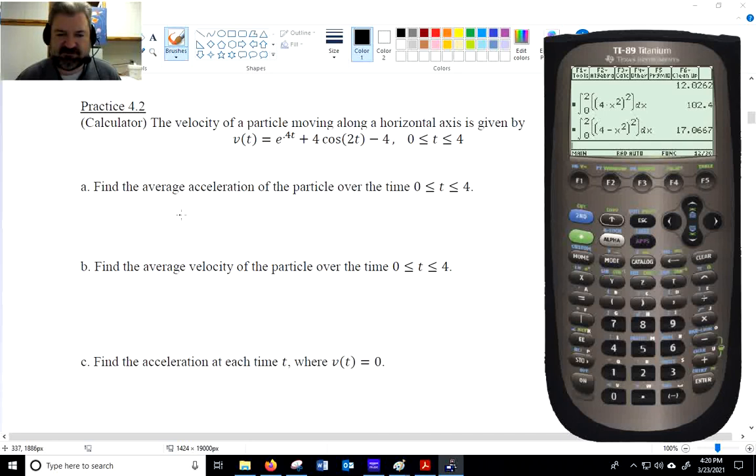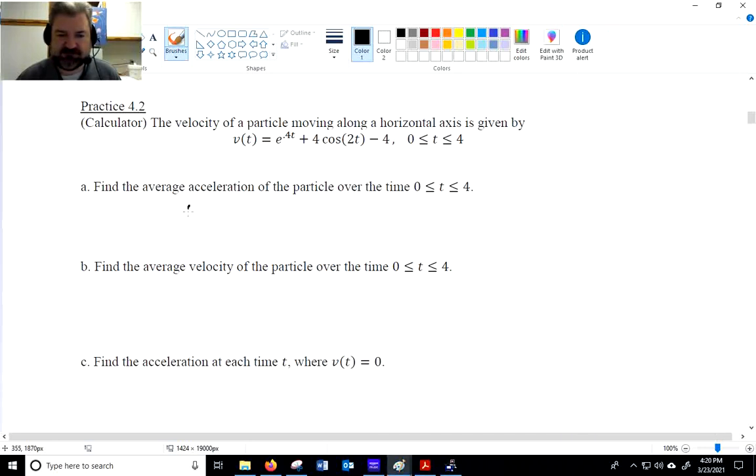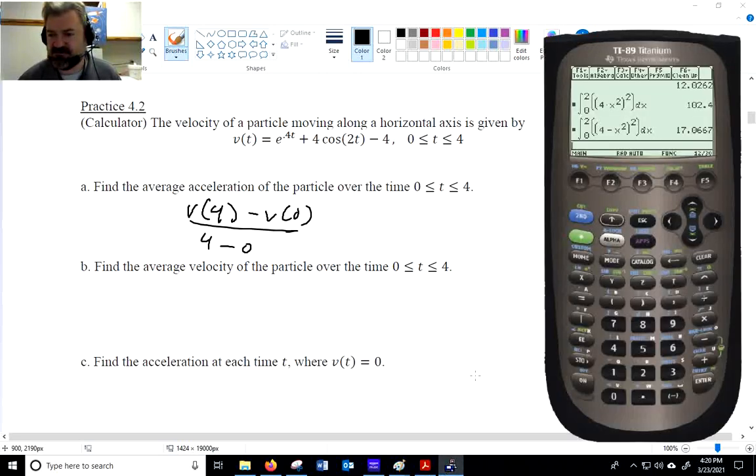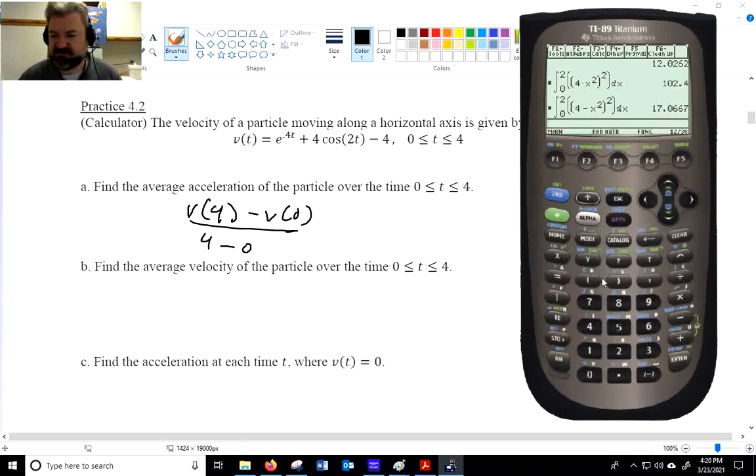So my average rate of change formula would be v of 4 minus v of 0 all over 4 minus 0. So let's take a look at that equation. What would that be? I'm going to do this little trick where I use the such that.